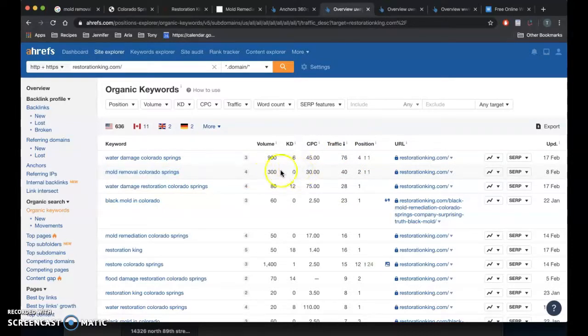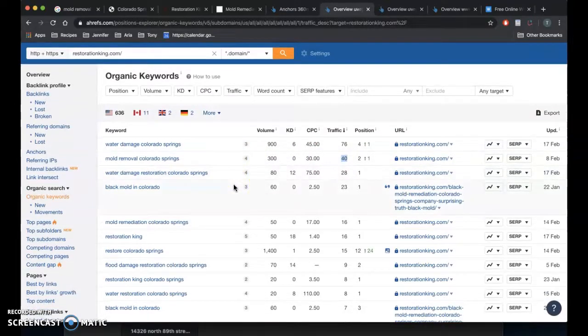Keyword difficulty of 0, 300 searches approximately. These are approximate numbers. They're position 2, sometimes 1 when I look at them, and they're generating about 40 clicks from that. It should be pretty easy to get to the higher positions for this mold removal keyword for sure. And in all honesty, water damage shouldn't be too much harder either.